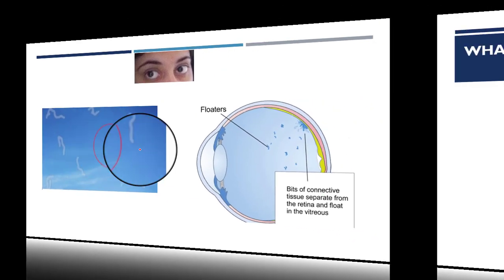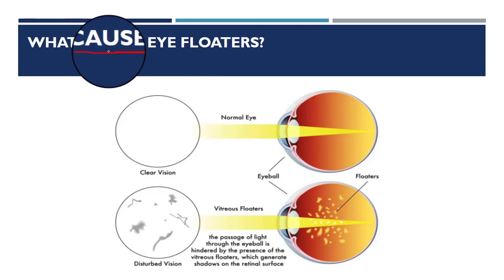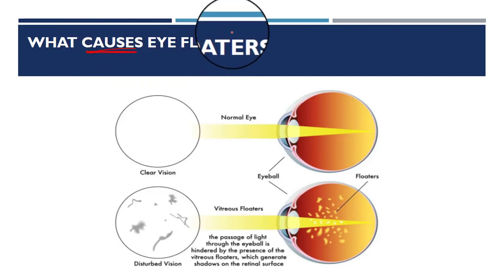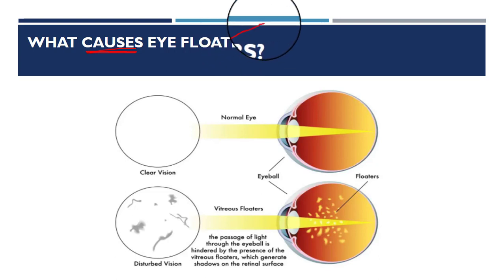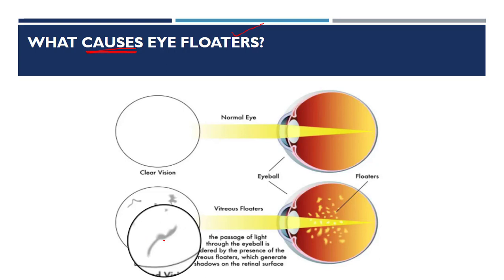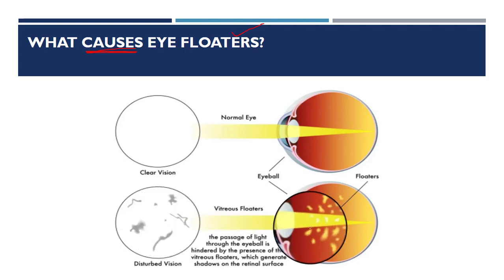Now next we'll talk about the etiologies, that is, the basic causes that lead to this condition called eye floaters. Age-related changes to the eye are the most common causes of eye floaters.